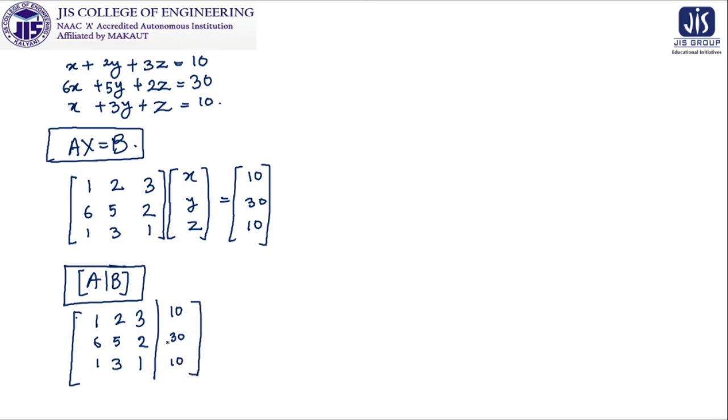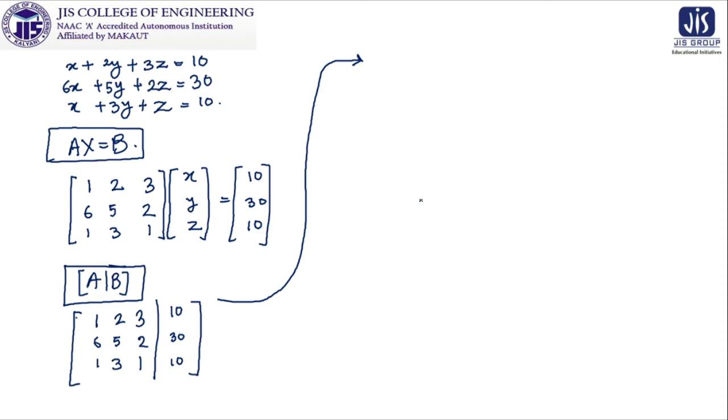Now our next target is to convert it into its echelon form. So I am trying to use this space in this slide to convert it into its echelon form, but before that I just want to mention that the process I am following is not the unique one.